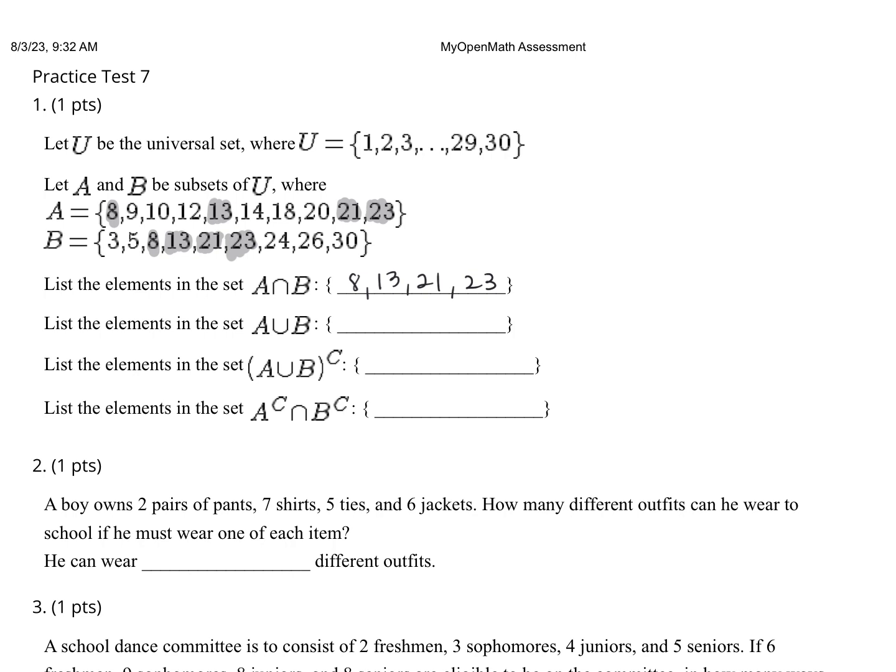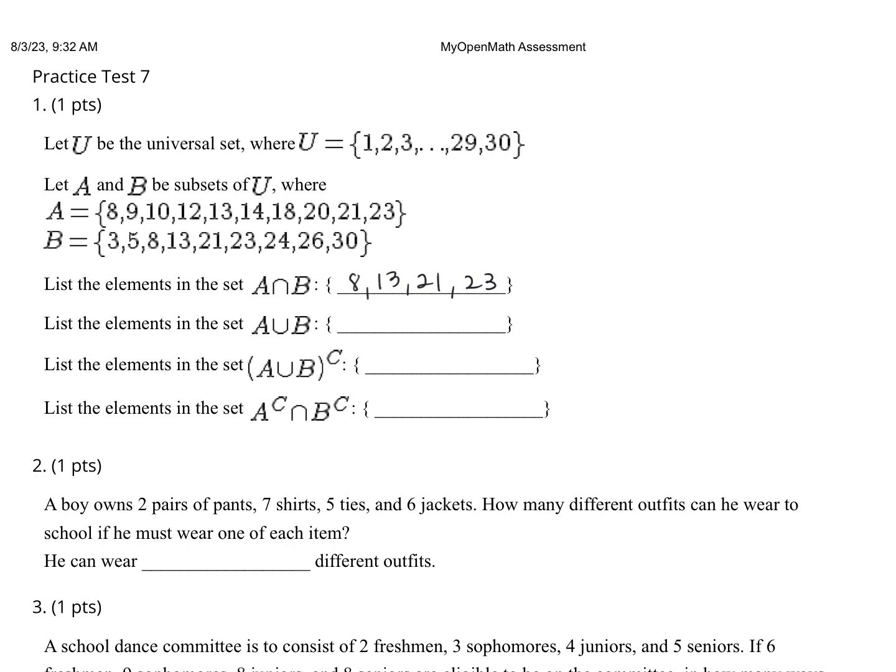The next one is to list the elements in the set A union B, or A or B. So this is all of the numbers in either set. So it's combining everything together. So this is going to be a much longer list.